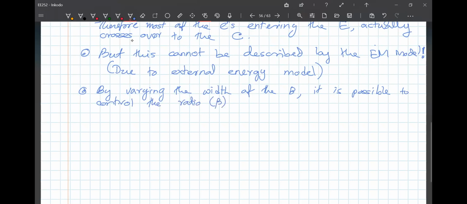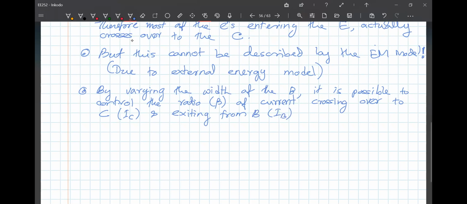We call this beta, the ratio of current crossing over to the collector, that is called IC, and exiting from the base, IB.